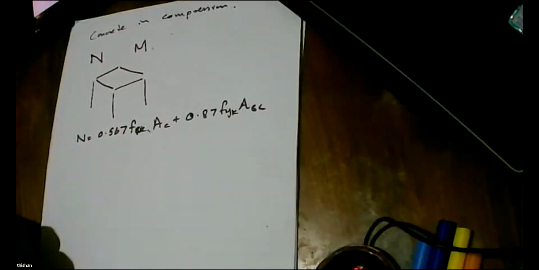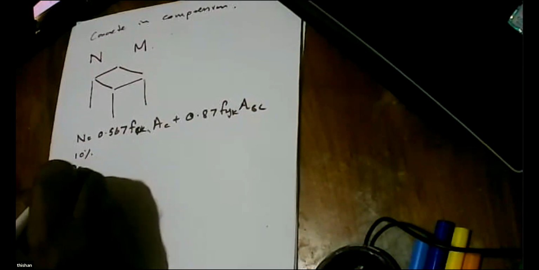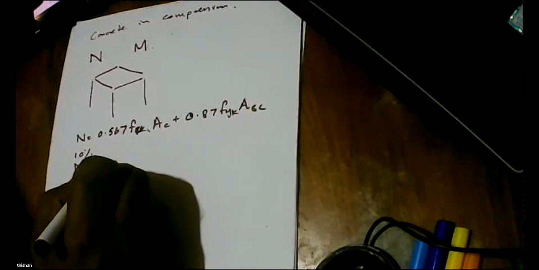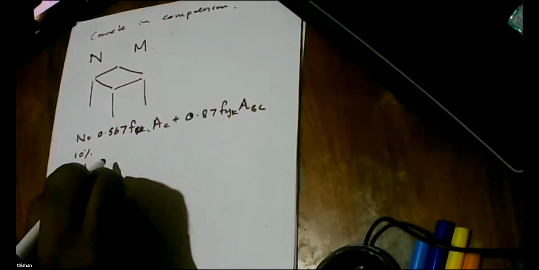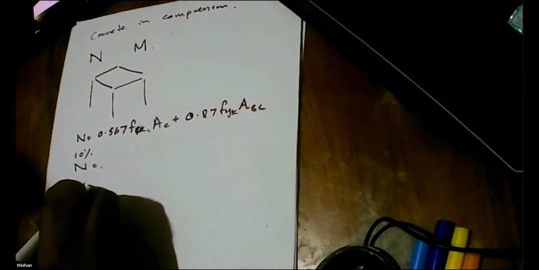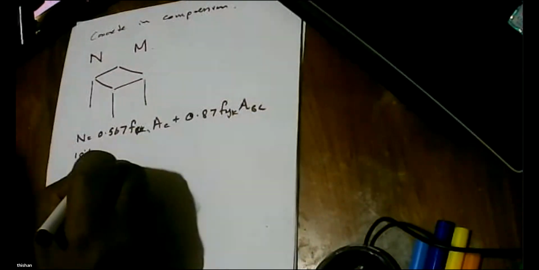And then I said this is the maximum capacity, so apply a 10% reduction to design a column subject to axial loads plus small bending moments. But if it is in a structure, we generally reduce it by another 10%.